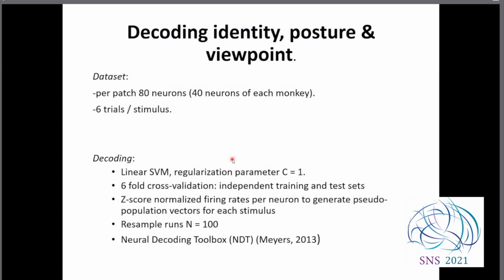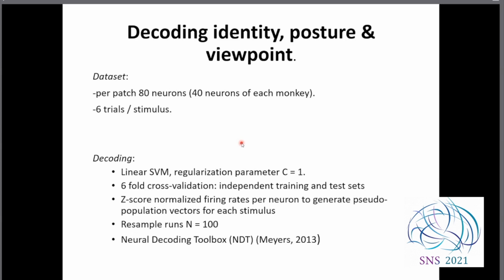I'm not going to go into the technical details, so we used a classifier basically to classify the identity of a stimulus based on the response of a set of neurons on a particular trial presentation, and the identity should be classified independent of its posture and viewpoint.